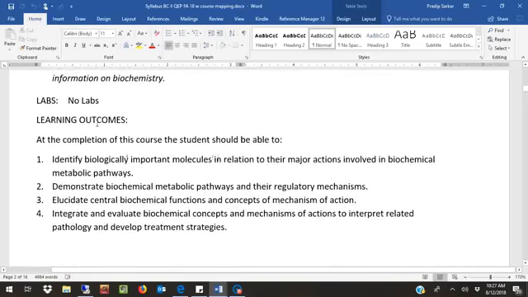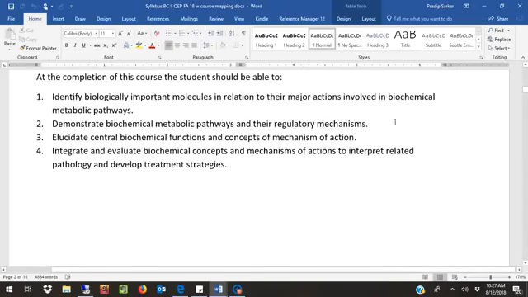Our major learning outcomes are these: first, identify biologically important molecules in relation to their major actions involved in biochemical metabolic pathways. So that's level 1. You are identifying which molecules are important.